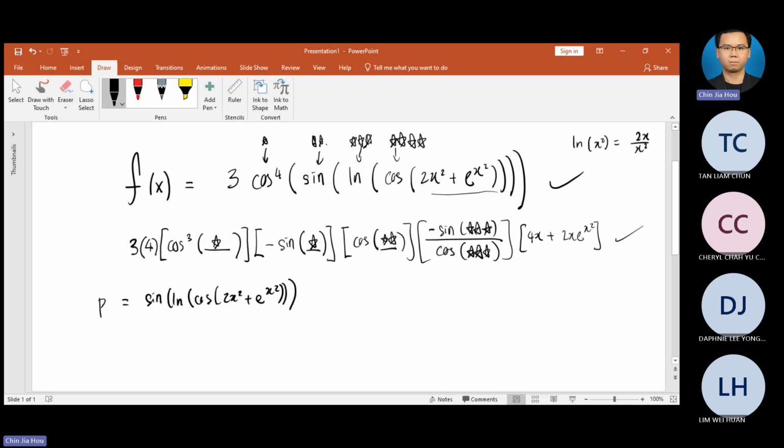Then I can refer to the specific letters to know what the expressions inside are. It also makes you less confused. You don't have to write the whole expression super long. Just make use of letters.